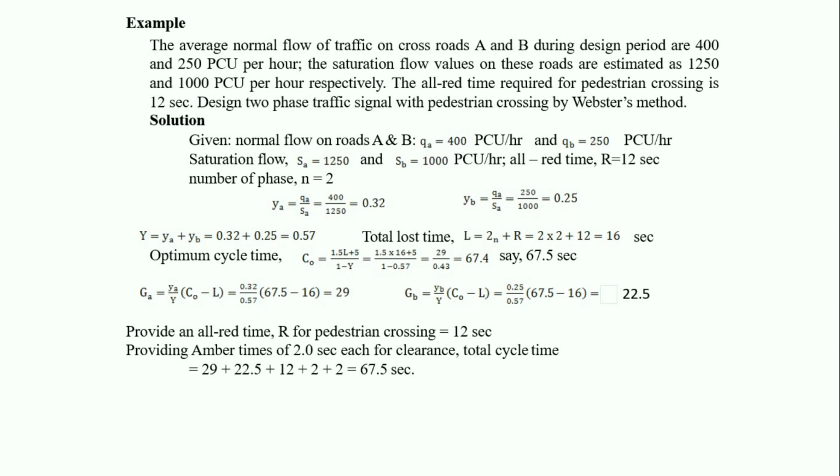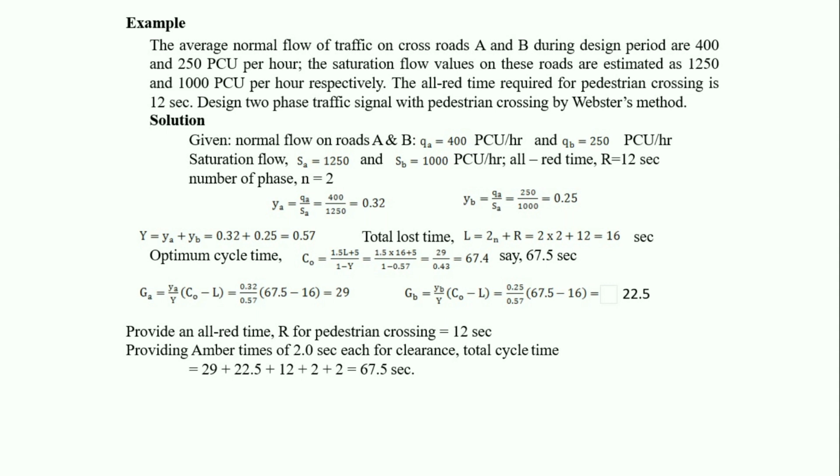So in this we have given the flow values at roads A and B as QA equal to 400 and QB equal to 250 PCU per hour. The saturation flows are SA equal to 1250 and SB equal to 1000, both in PCU per hour, and the all red time, that is the R value, is given as 12 seconds, and the number of phases is 2.